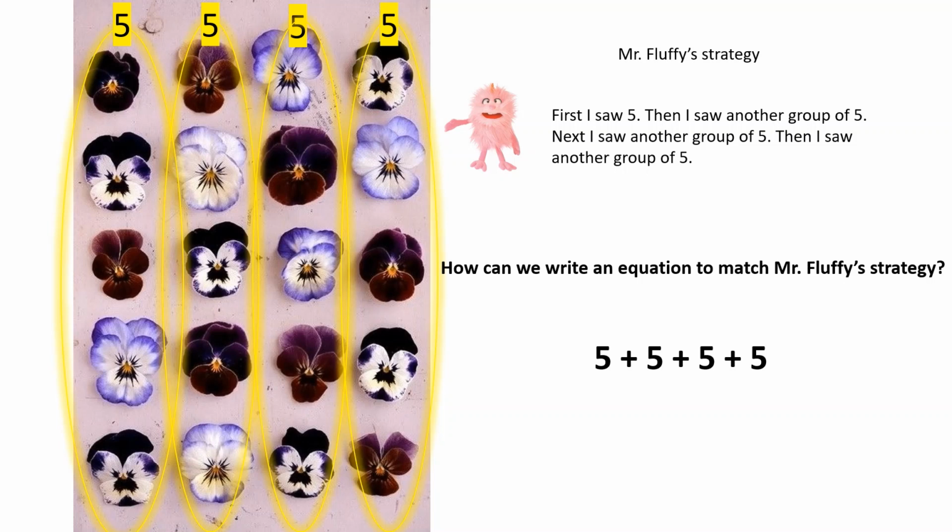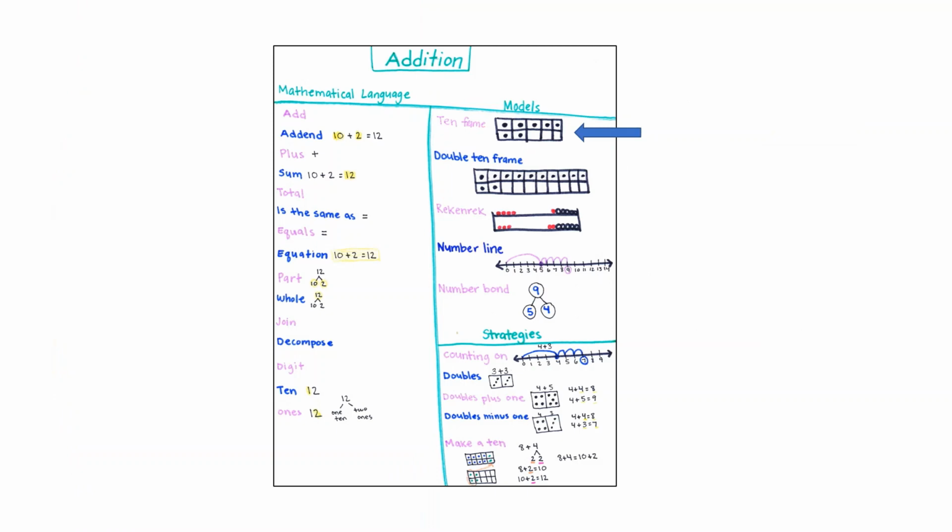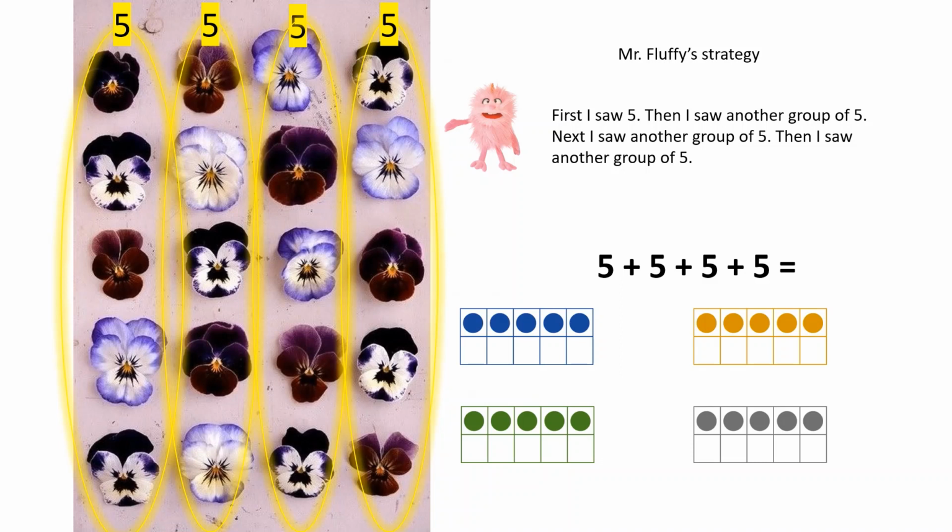Mr. Fluffy saw the groups of flowers in 4 groups of 5. Now we have to represent Mr. Fluffy's thinking. So let's look at our anchor chart and choose a mathematical model. Looking at our mathematical models, I'm wondering if we can show Mr. Fluffy's thinking on 10 frames. What do you notice?